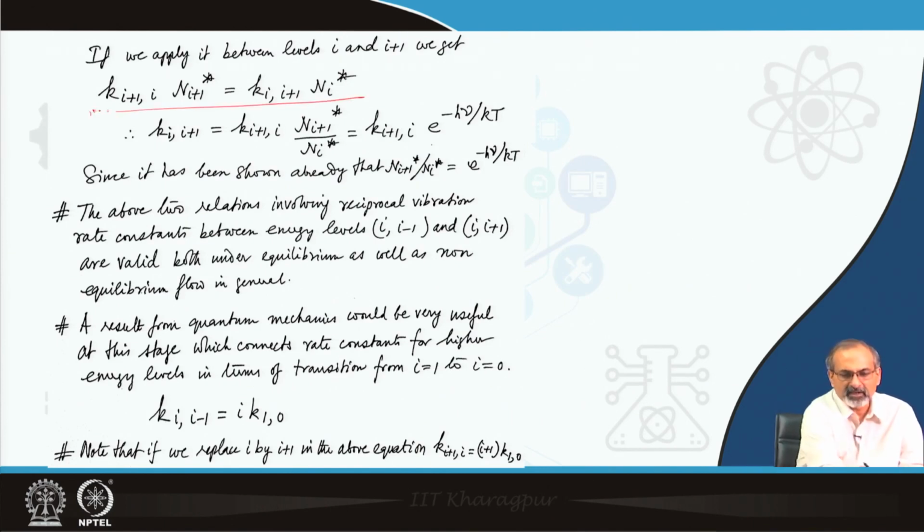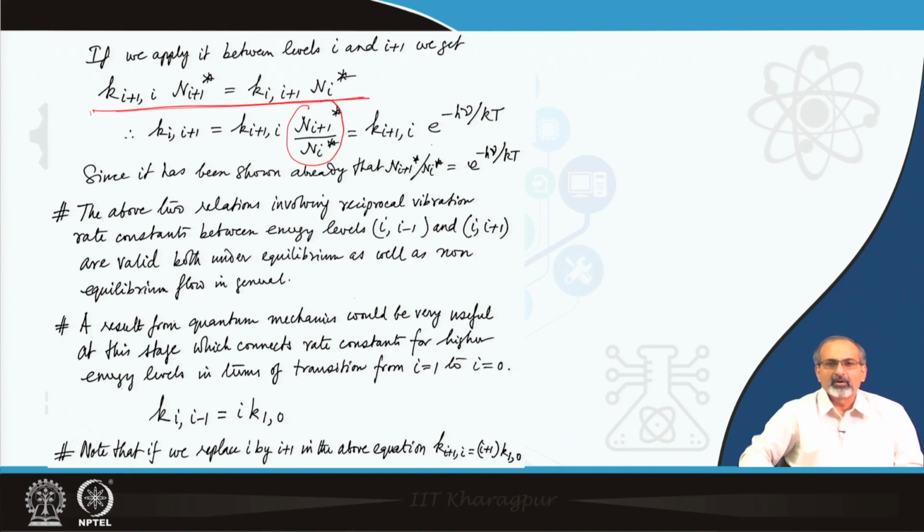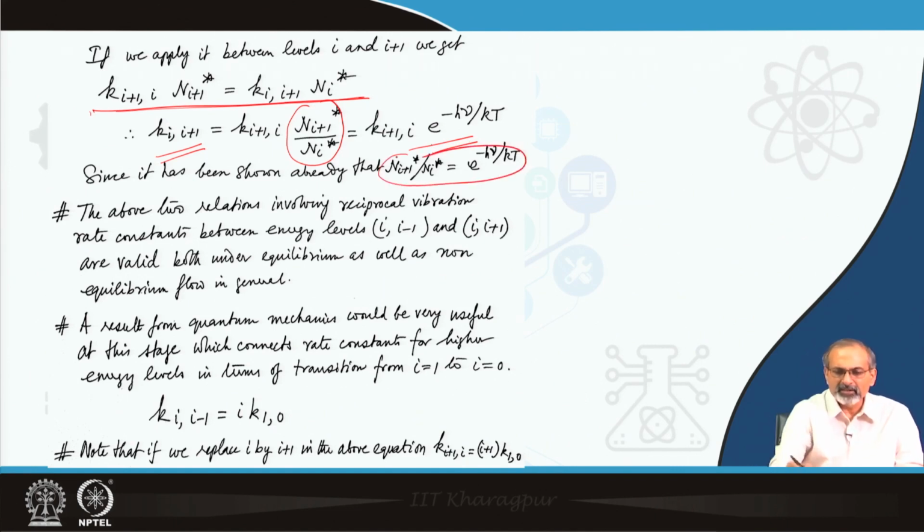The balancing works like this in that case, and then again plugging in the relation that we had obtained earlier, we should be able to show that k I plus 1 is nothing but k I plus 1 I e to the power of minus h nu by kT. This we had already shown earlier, and that is exactly what we have used here.